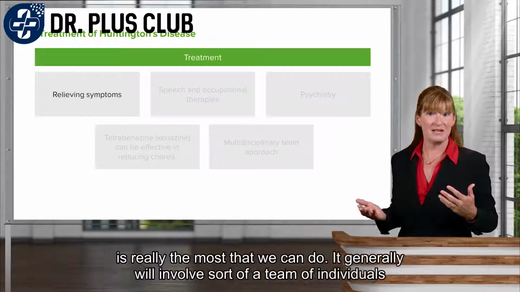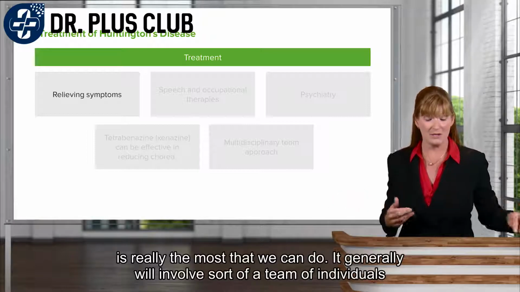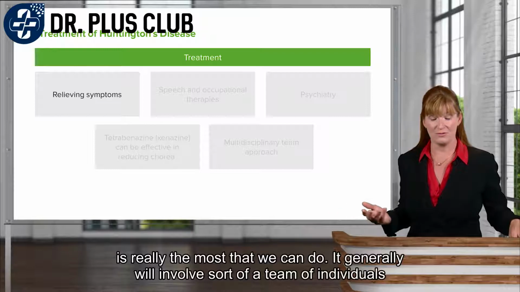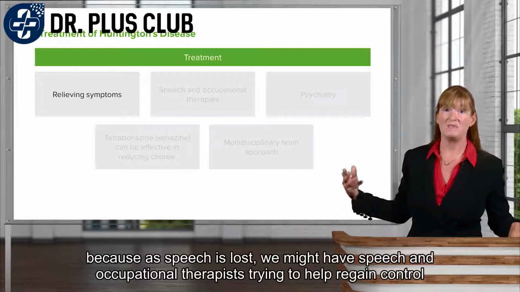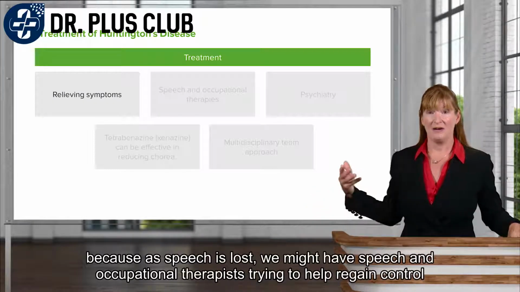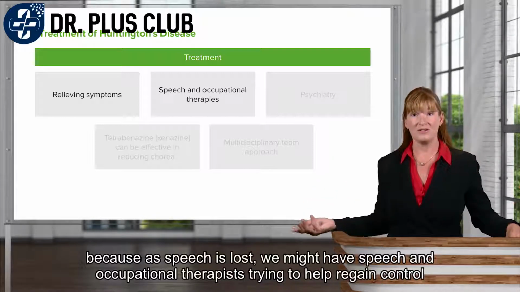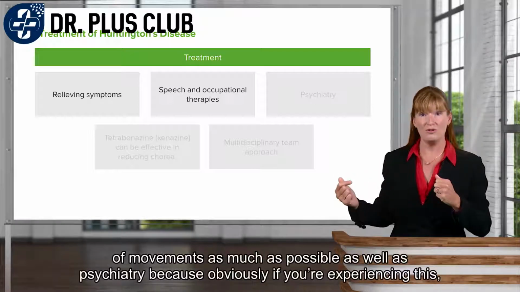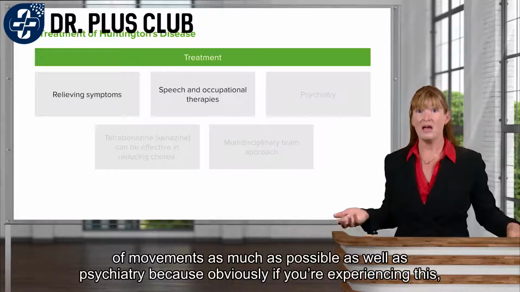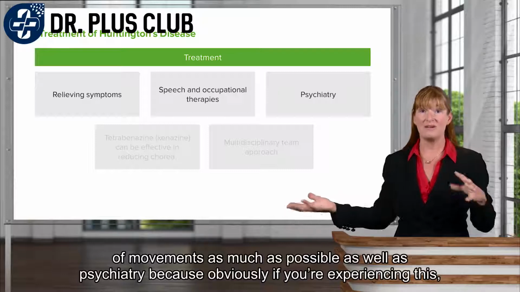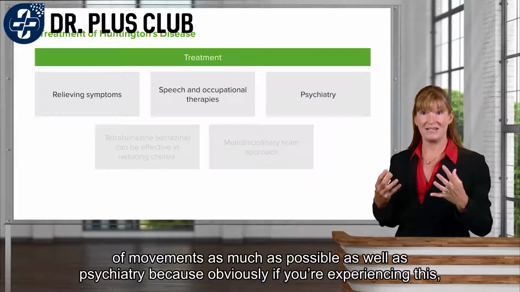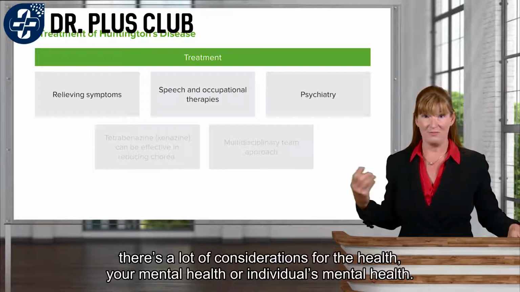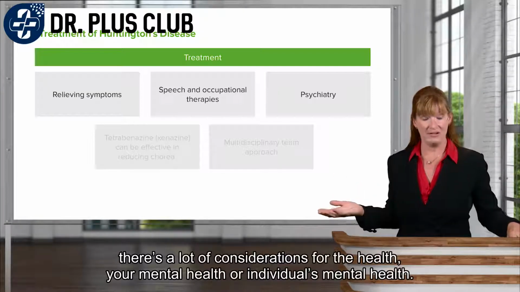Relieving symptoms is really the most that we can do, and it generally will involve a team of individuals because, as speech is lost, we might have speech and occupational therapists trying to help regain control of movements as much as possible, as well as psychiatry, because obviously if you're experiencing this, there's a lot of considerations for individuals' mental health.